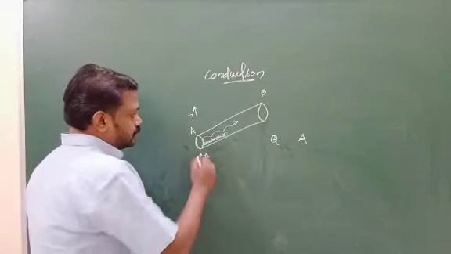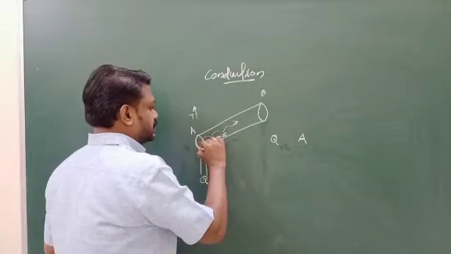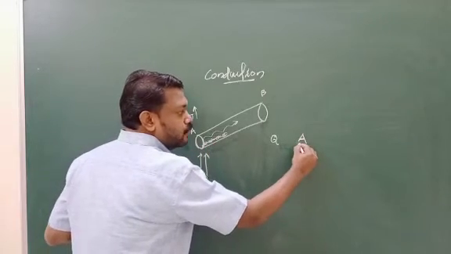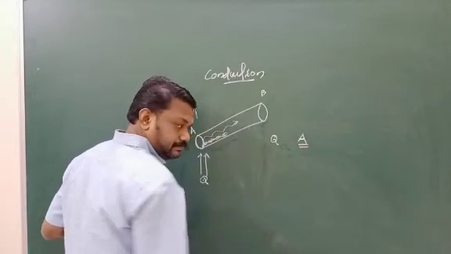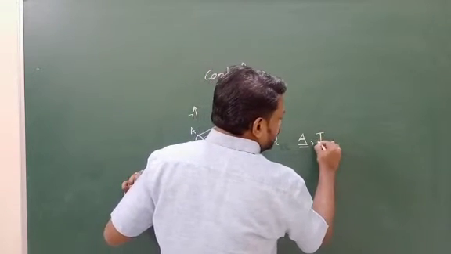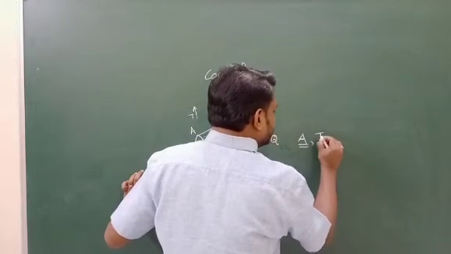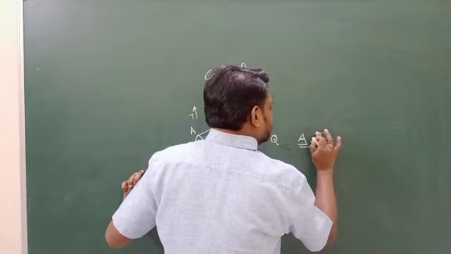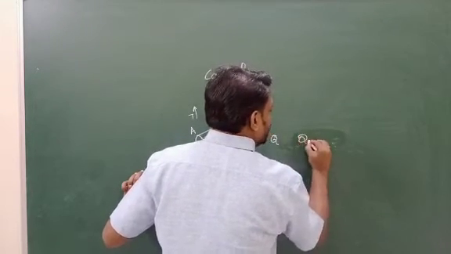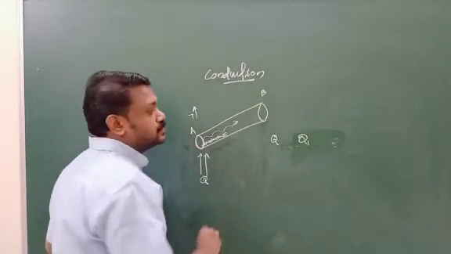Suppose we are heating this cross-section. Through this area, some amount of heat is absorbed. We can express it in terms of heat energy: Q1 amount of heat is absorbed.